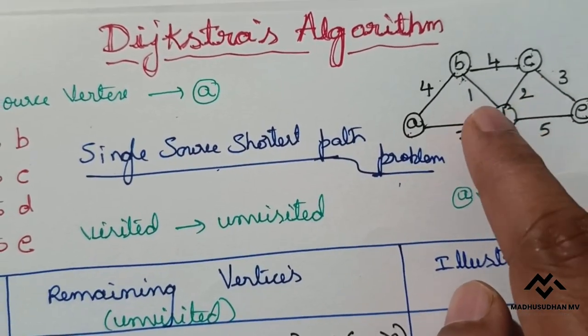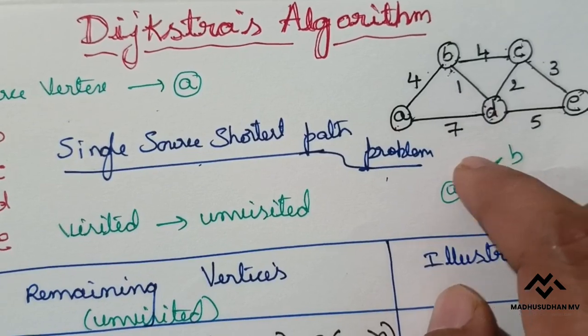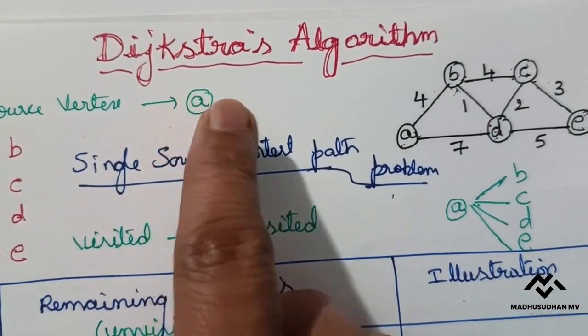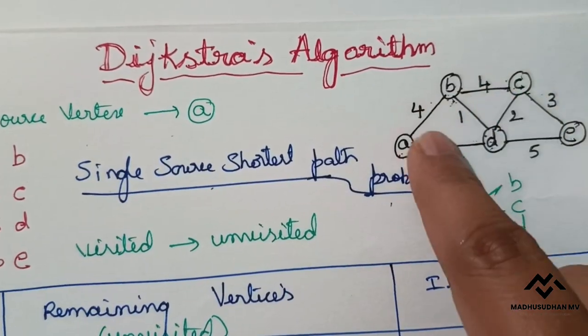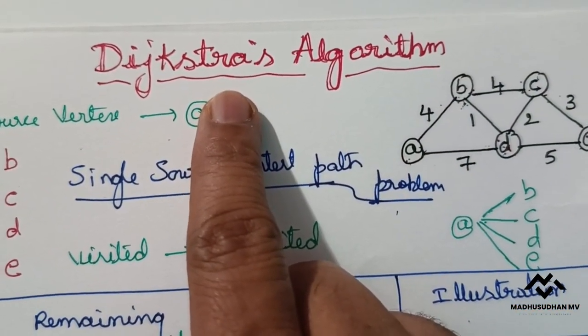But if there is a negative edge, then Dijkstra's algorithm fails to find the shortest distance. So if the edges are negative, it is not possible to use Dijkstra's algorithm.